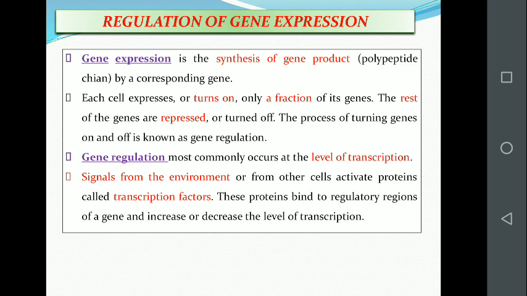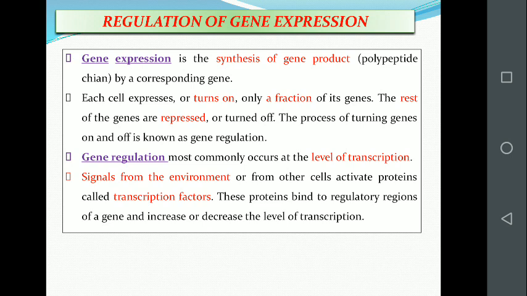Each and every gene contains a sequence of nucleotides, and that nucleotide sequence specifies a polypeptide chain, which is utilized for the synthesis of that particular polypeptide chain or amino acid sequence.